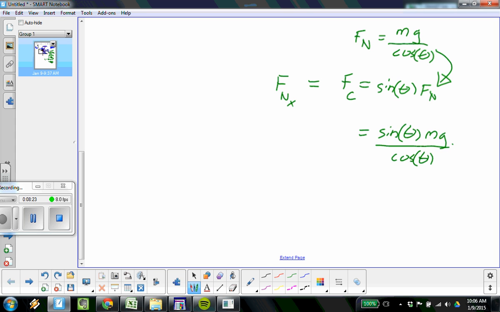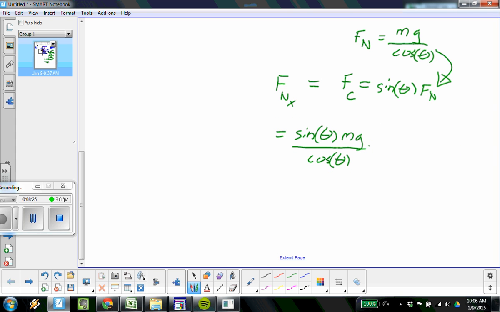Sorry, I ran out of room there. Let me just grab this and move it over. So tangent theta mg. All right, so if there's no friction force, then tan theta mg is going to be the force acting towards the center. That'll be the centripetal force.